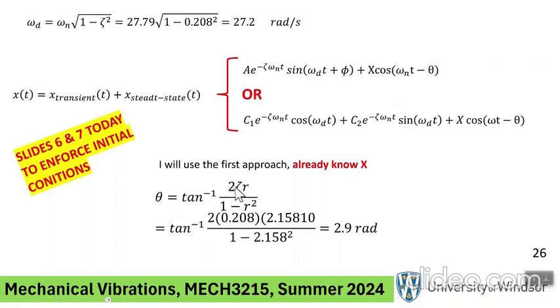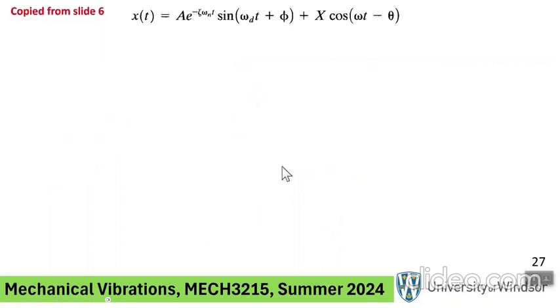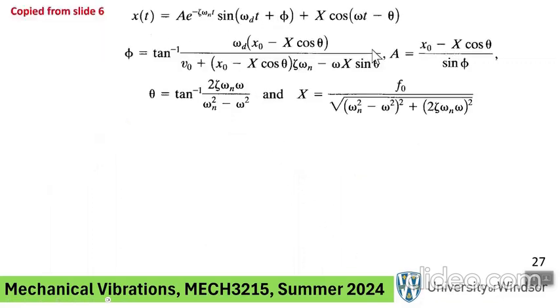I plug in, zeta was found, r was found, 2.9, and this is the gigantic formula that I'm talking about. We have big X, we have theta, we have x naught, and we have v naught. Just literally crank it out.